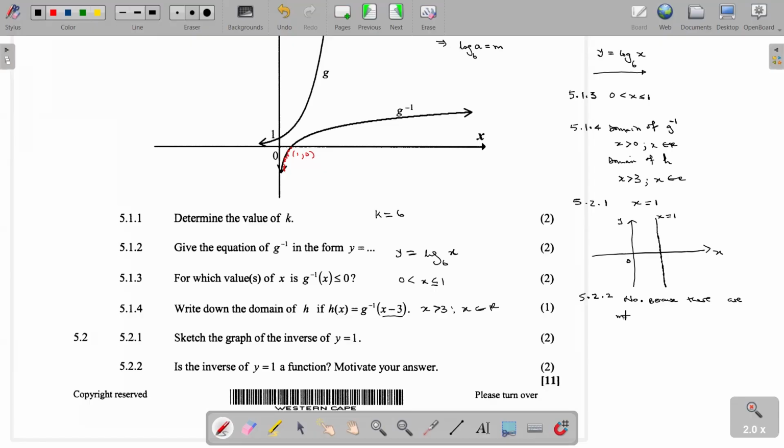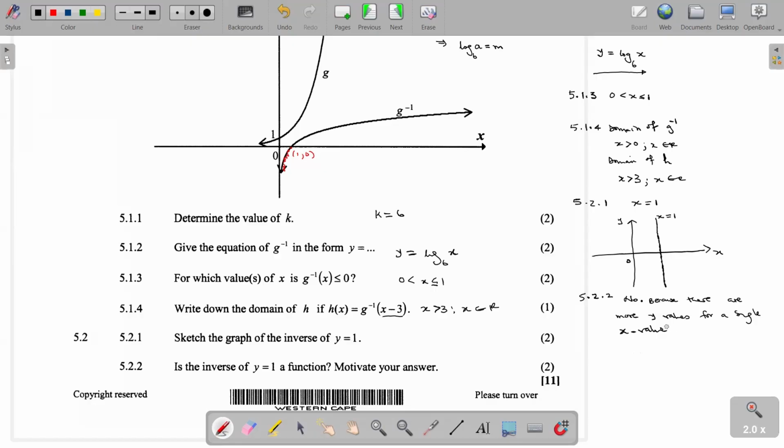more y values for a single x value. As we can see here, when x is equal to 1, y is equal to any number. y lies anywhere; when x is equal to 1, there are many values of y.